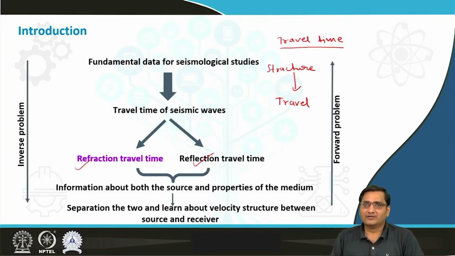Then using those travel times, you can go backward. That means using the travel times, you want to find out what kind of seismic velocity structure, or what kind of internal structure of the earth, is producing those travel times. That we generally do in the framework of the inverse problem.